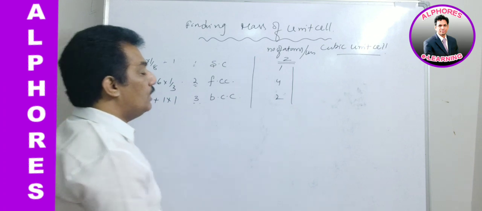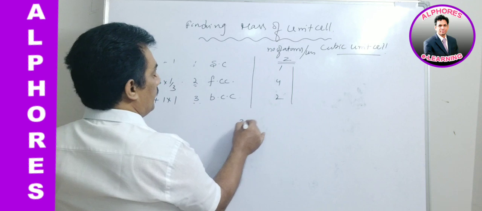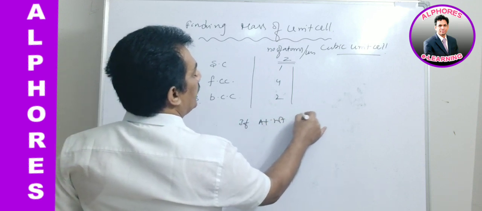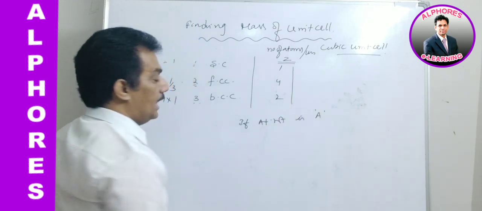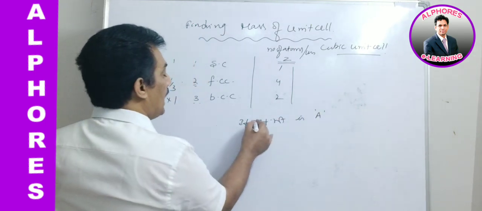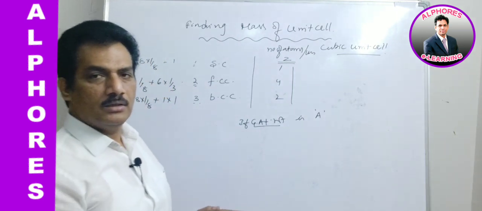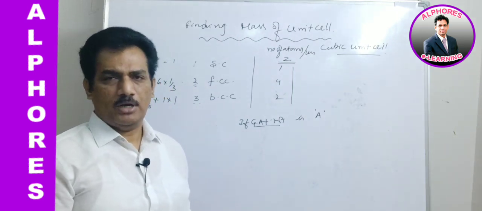Now we know if the atomic weight is A, atomic weight is nothing but gram atomic weight. When it is given as atomic weight, by default it is gram atomic weight.